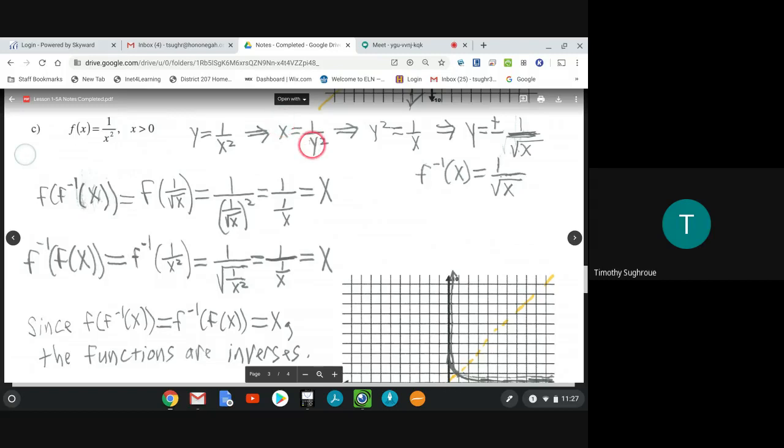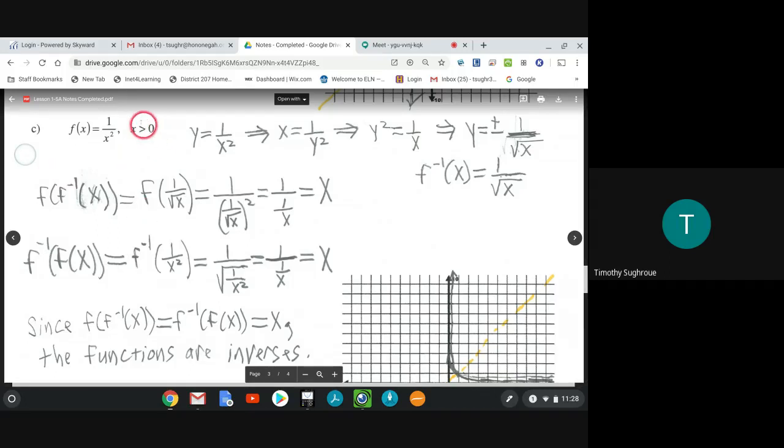In this case, I just switched the y squared and the x, because it's the same thing as multiplying both sides by y squared and then dividing both sides by x produces this. To solve for y, I need to take the square root of both sides. I need to consider plus or minus, but that would not be a function. I need to decide, do I want positive or negative values for y?